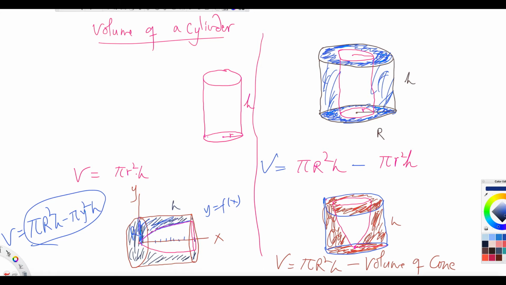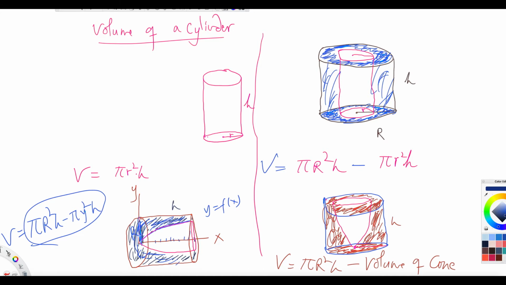If you assume the shaded region is the metal part, the volume of that metal part is pi r square h, the volume of the whole cylinder, minus pi y square h, where y is changing.